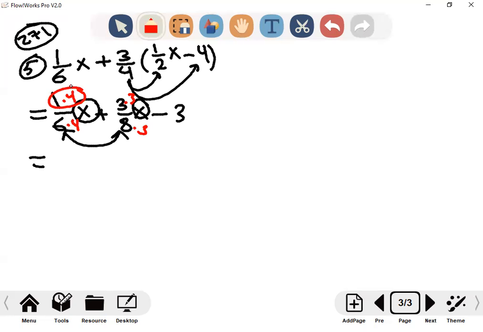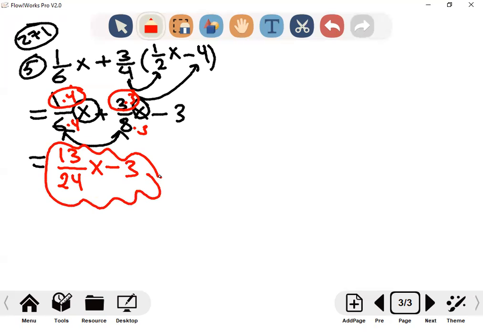Now here 4 and here 9. 9 with 4 is 13 over 24, x minus 3. Now can we make factored form for this? No, there are no common factors, so this is the factored form, the final answer.